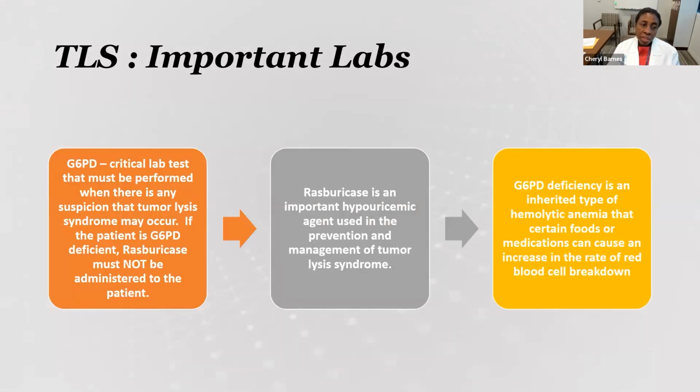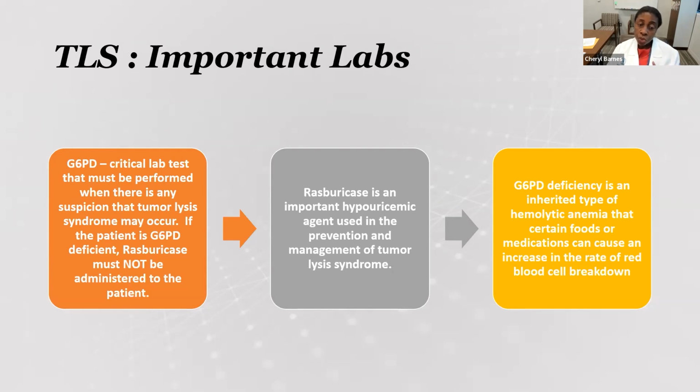Okay, so if there's no takeaway from this talk, please take this away. This is a very, very important lab, because it would drive what can be given to the patient. There are some patients who have G6PD deficiency, which is a type of hemolytic anemia where certain foods or medications can cause an increase in the rate of red blood cell breakdown, which could be life-threatening.